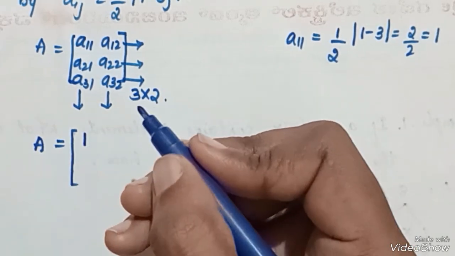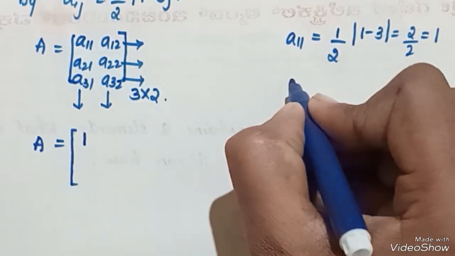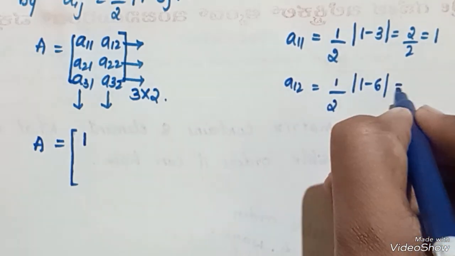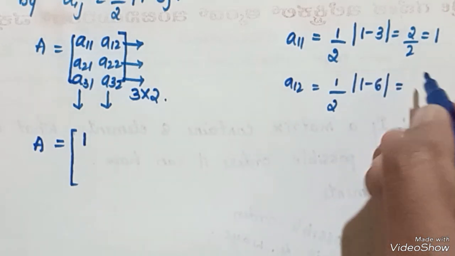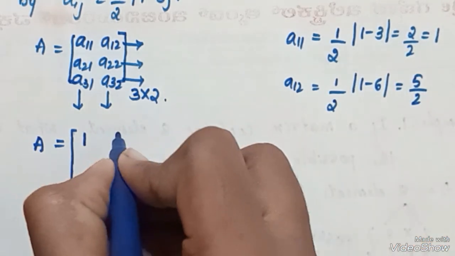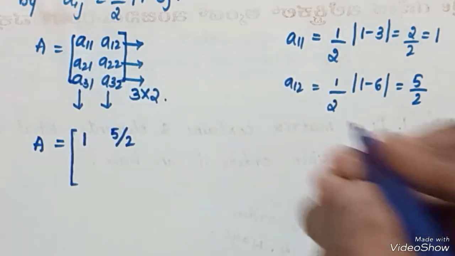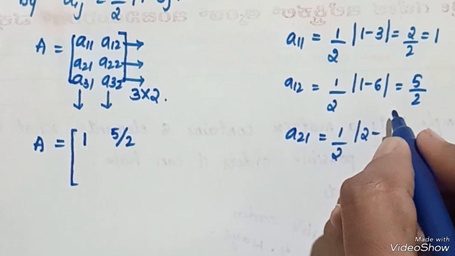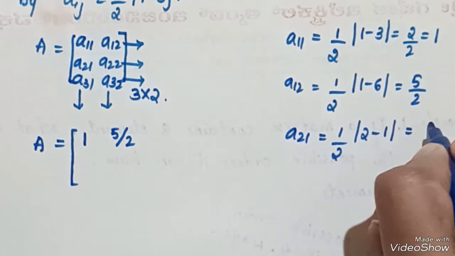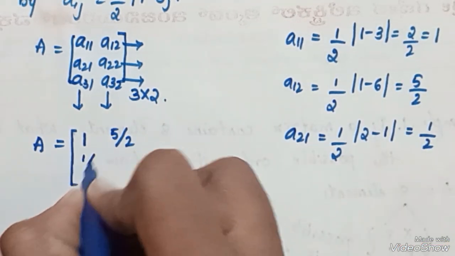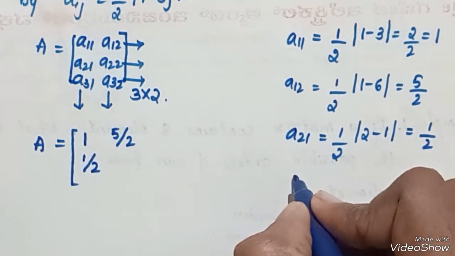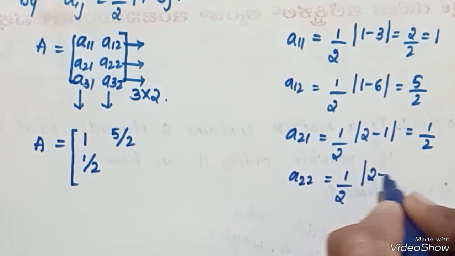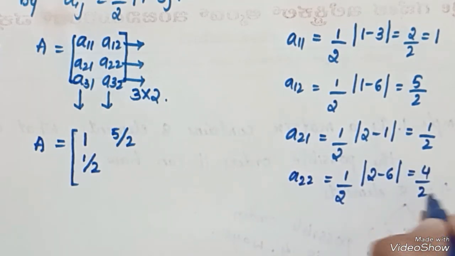The first element is 1. Then A12 is 1 by 2 times modulus of 2 minus 6, which is 6 minus 1... 5 by 2. Again A21 is 1 by 2 times modulus of 4 minus 3, that is 1 by 2. Next A22 is 1 by 2 times modulus of 4 minus 6, which is 4 by 2, that is 2.